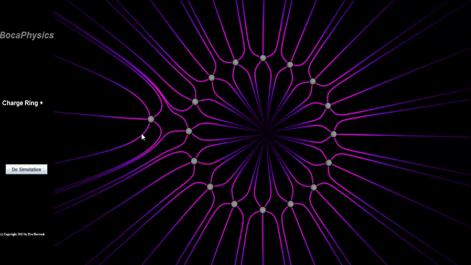The field lines still radiate outwards from the ring, but in the vicinity of the additional charge, there is a bunching of field lines. Distortion of field lines inside the ring is far less pronounced, but do notice that the center has been displaced to the right. We can begin to understand how conductors shield their interiors from external electric fields.